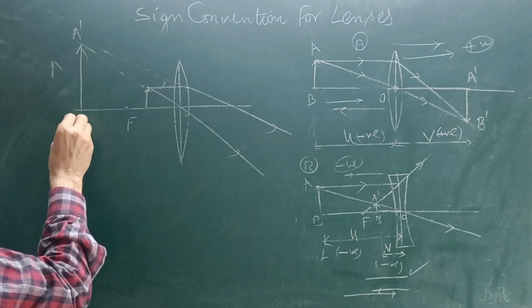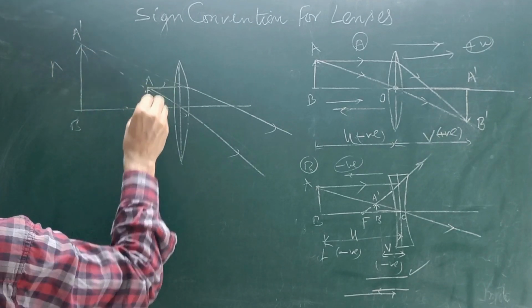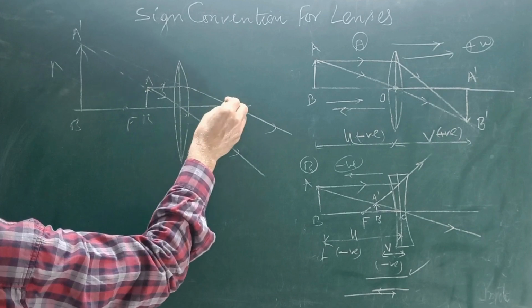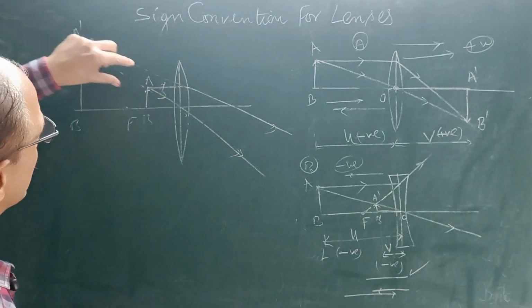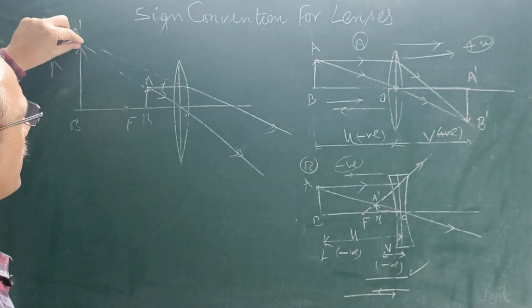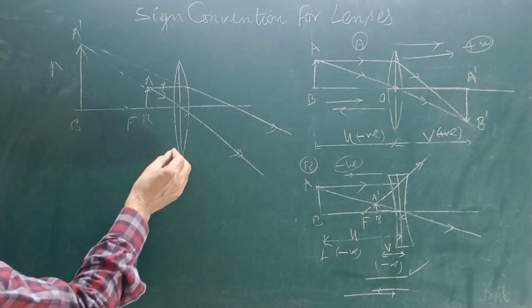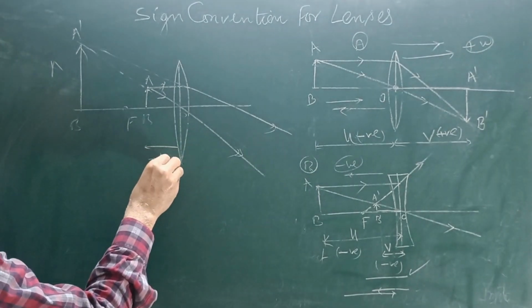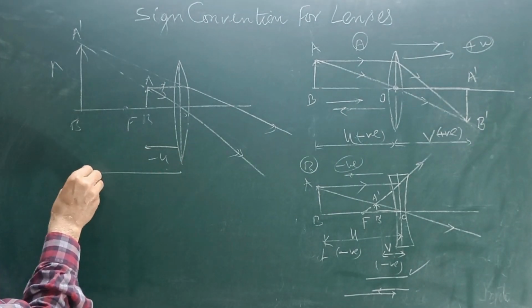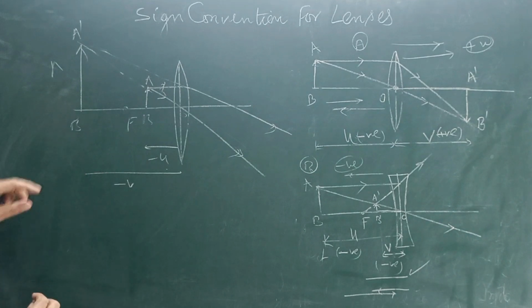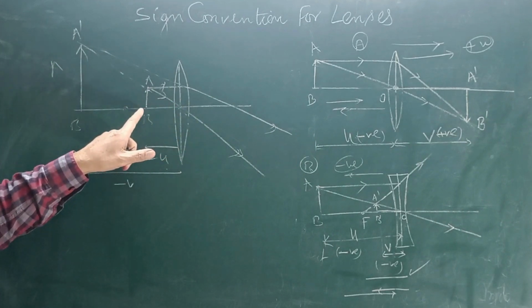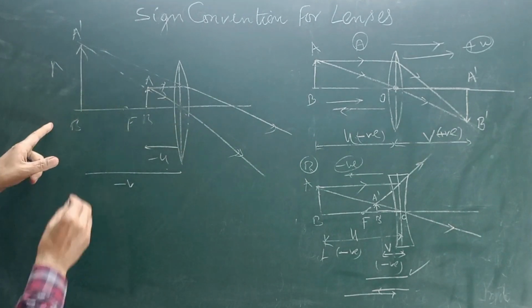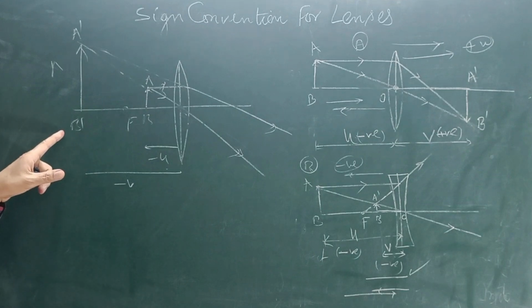This is A dash B dash, this is AB. The rays won't meet, so they will appear to meet somewhere here. So here U is negative. Here also V is negative, because you have to move from O to B as well as O to B dash to measure the distance of the image.